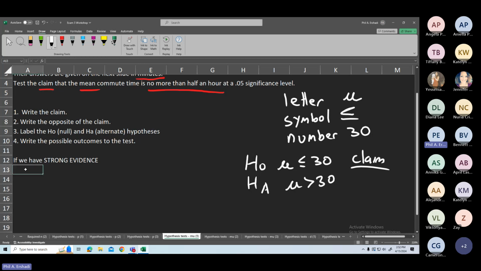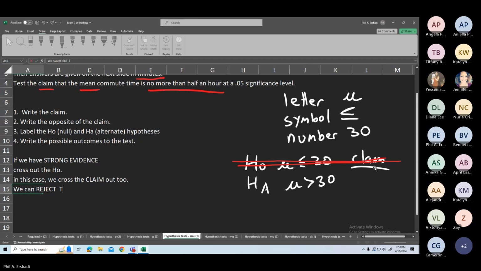So if we have strong evidence, that means we can cross out the null. All right. So if we cross out the null, just use your imagination. Imagine if the null was crossed out. Can you see that in crossing the null out, I've also crossed the claim out? So this means we have rejected the claim. And the reason we can reject the claim is because we have enough evidence to do that.